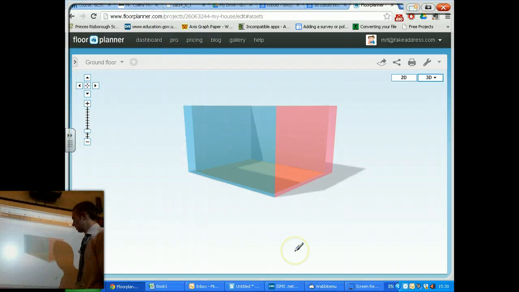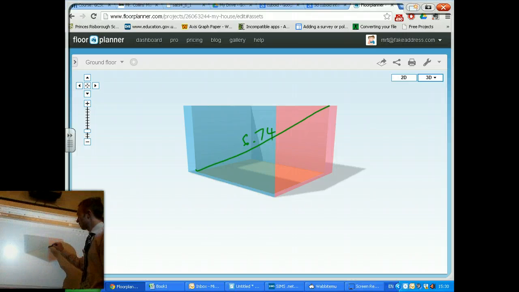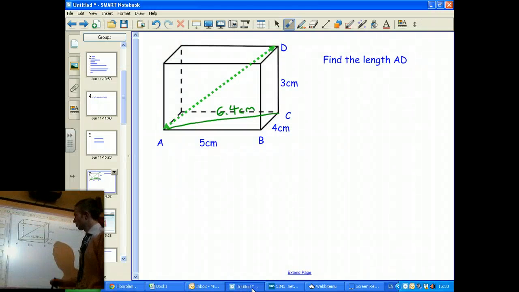So back on here, I've just found out that that length there is 6.74. So it's 6.4 squared, and this one here is 6.74 now. Okay, hopefully that makes some sense.